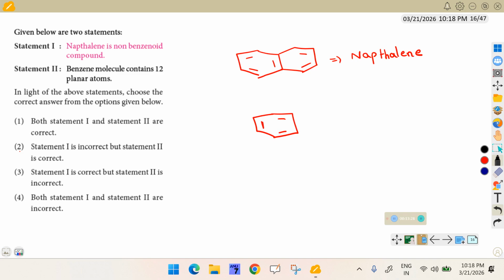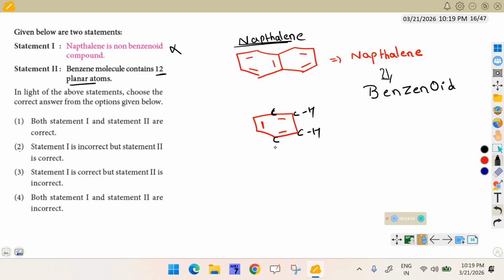Given below are two statements. Statement 1: Naphthalene is a non-benzenoid compound. This is the structure of naphthalene. Naphthalene contains benzene rings; a combination of two benzene rings is considered naphthalene. So a benzene ring is present, and this is considered benzenoid. So statement 1 is wrong. Statement 2: Benzene molecule contains 12 planar atoms. In benzene, the formula is C6H6.